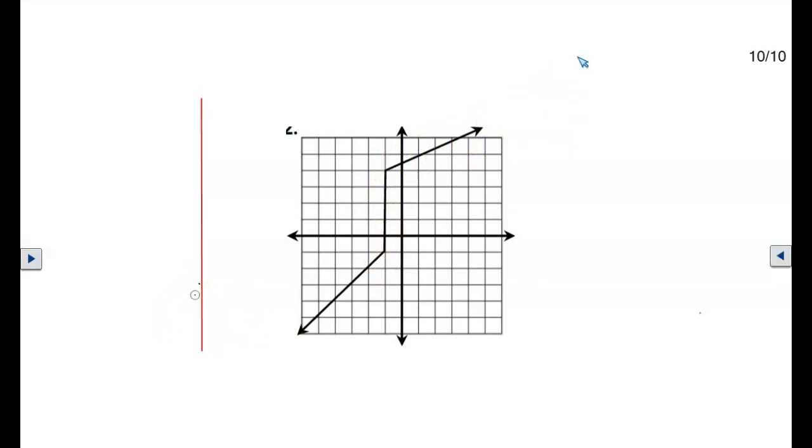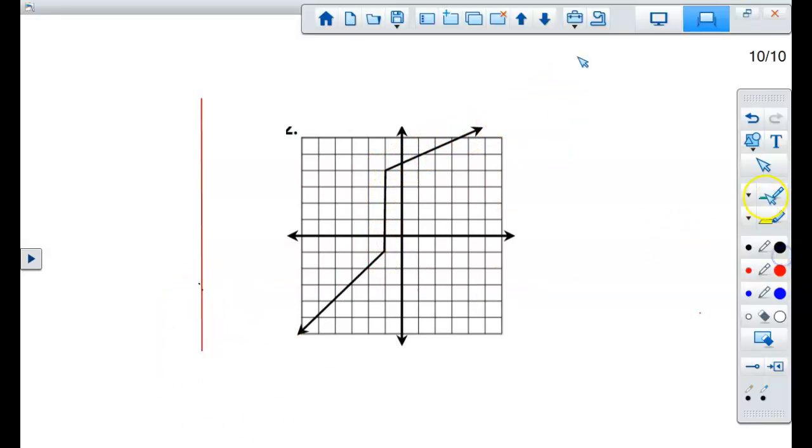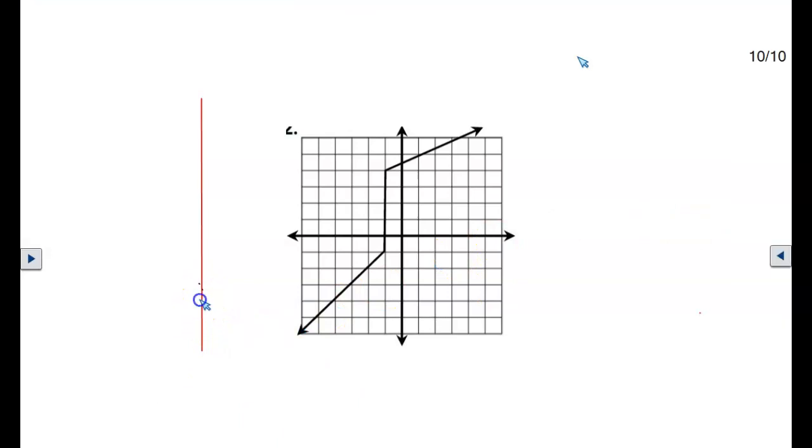So if I grab my vertical line so I can use the vertical line test, and I drag it over, if I sit it down right here, I'm passing the vertical line test because this vertical line crosses the graph right here. And that's only one place, so I'm good to go.